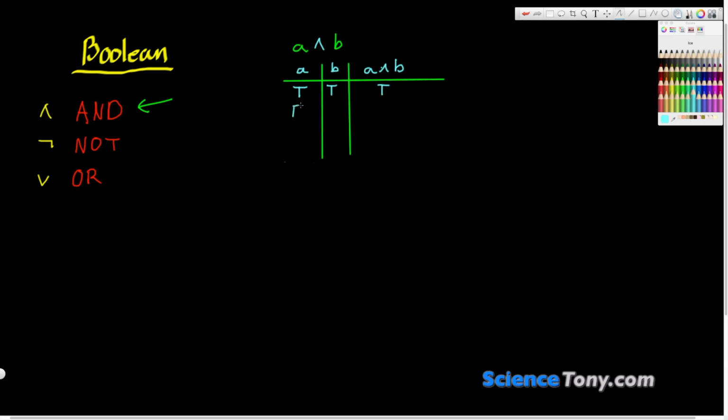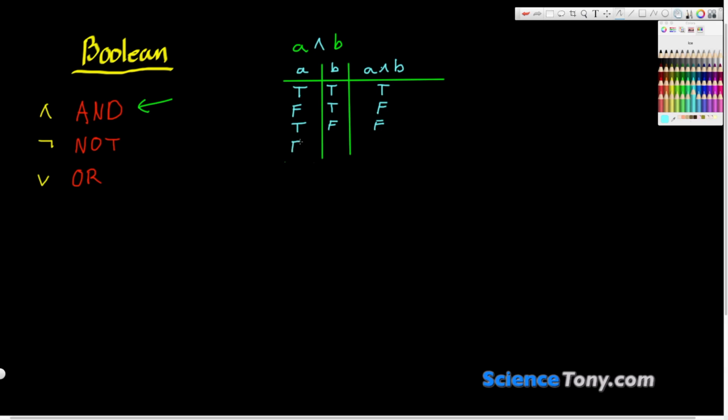If A is false and B is true, then this is going to evaluate to false. If A is true and B is false, then that's going to be false, A and B, because A and B both need to be true.